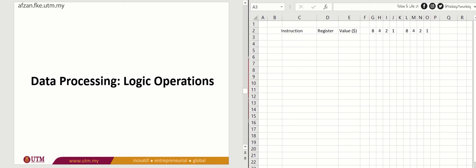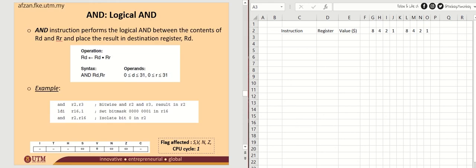Alright, so another instruction is for the logic operation. The first instruction that we're going to see here is logical AND. AND stands for logical AND, in which it performs the logical AND between the content of RD and RR, and then you place the result in the destination register RD.